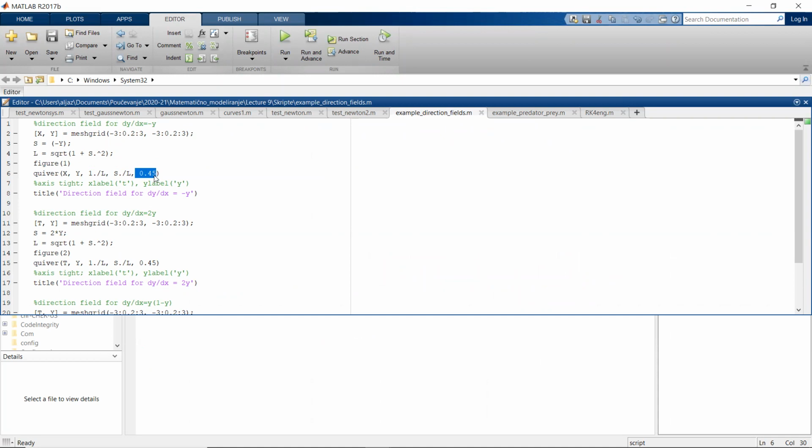We can try to draw this picture without specifying this last parameter, but it could be too dense, so we should multiply all the direction vectors by some constant. I tried and saw that in this specific case, it's good to multiply those vectors by a factor of 0.45 to make it readable. So let's run this example.